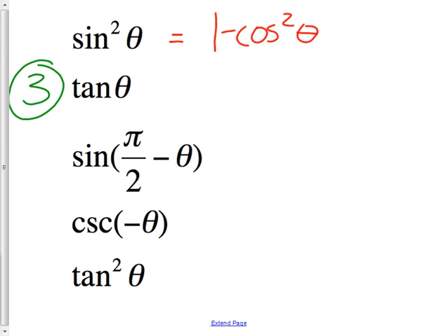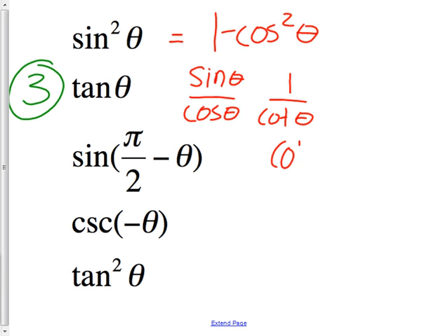What 3 are there? Does anyone know? Good. That was a tricky one.